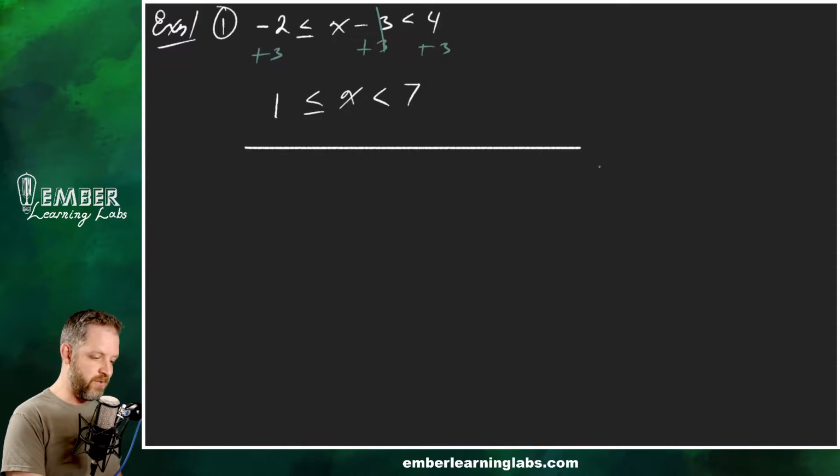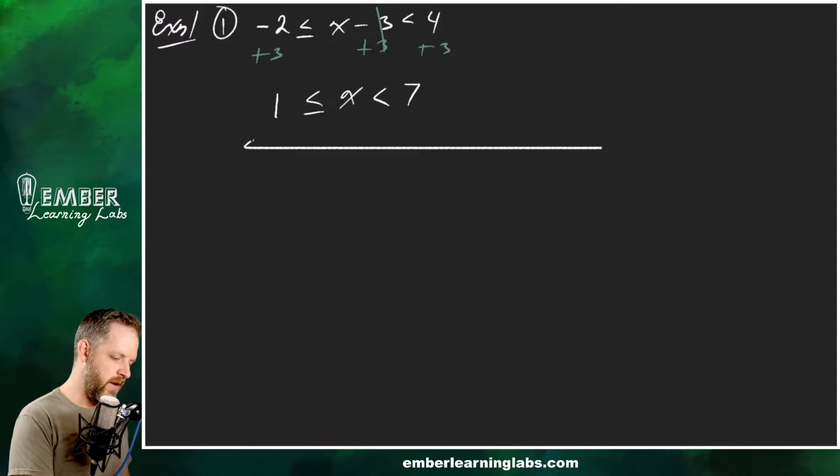So then to graph the thing, we're going to graph both bits. I'm going to put my 0 on here. I like to have 0 as a reference point, and then we count 1, 2, 3, 4, 5, 6, 7. Now we're going to put a filled in circle at 1, and then an open circle at 7.